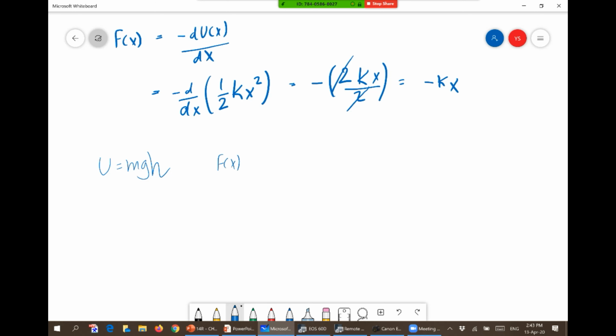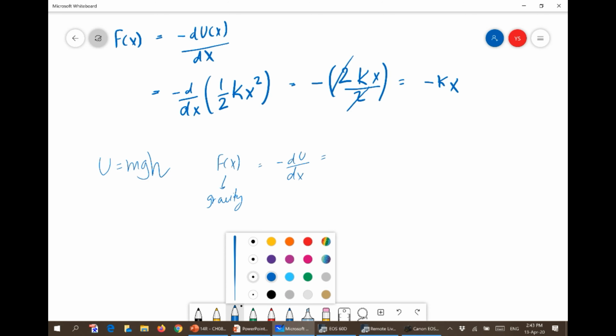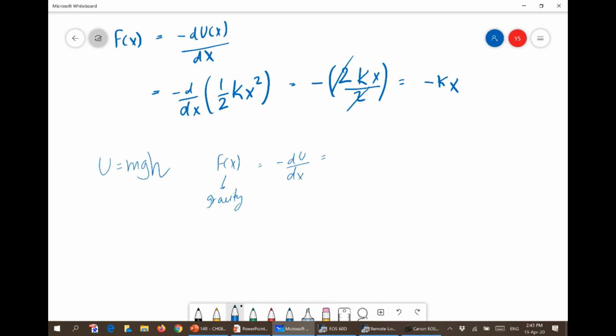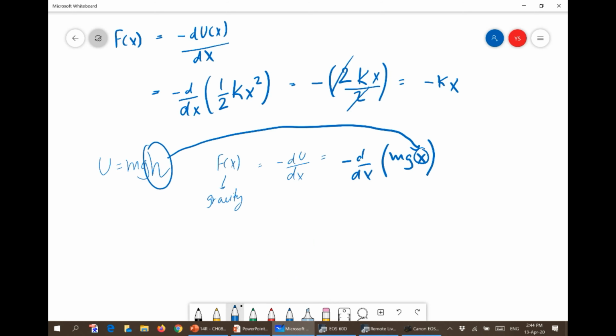F of x due to gravity will be equal to minus dU by dx, which is minus d by dx of mgx, because h is simply the distance, and we get minus mg.